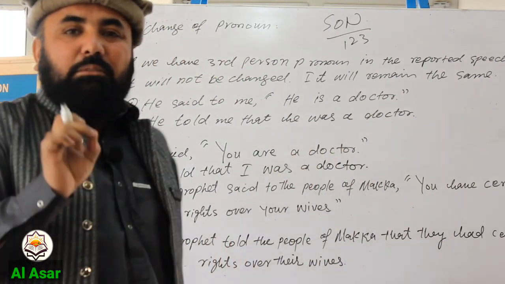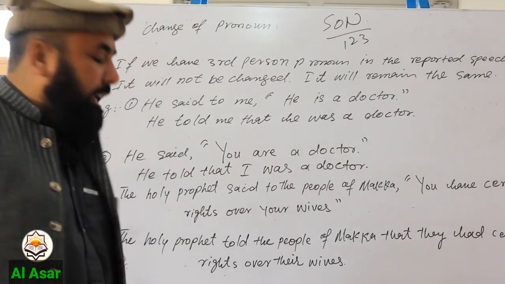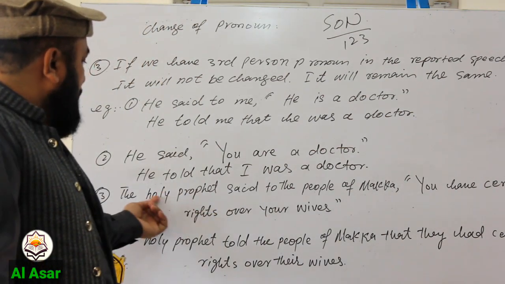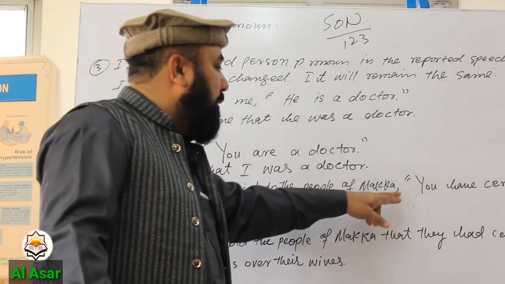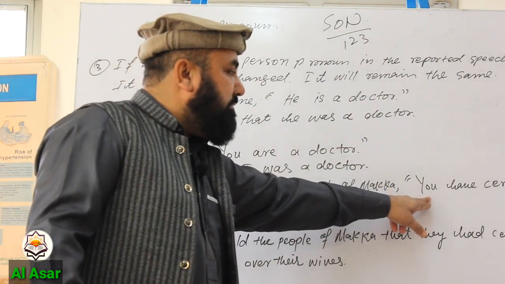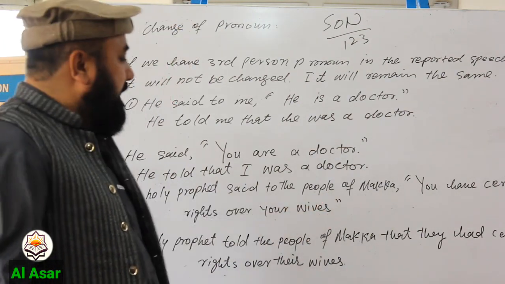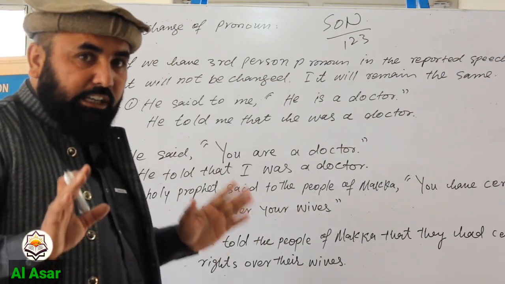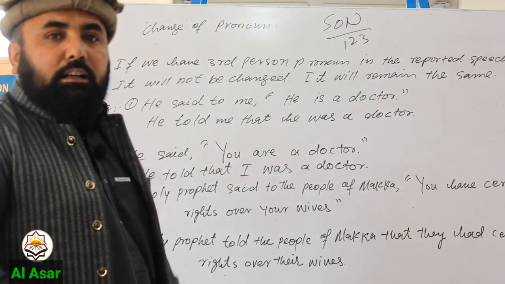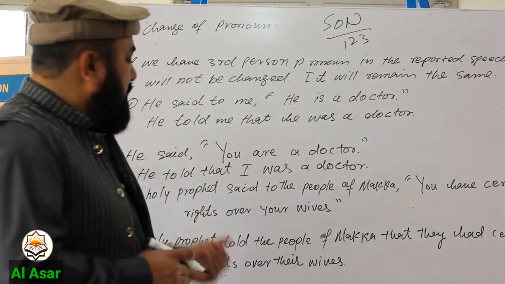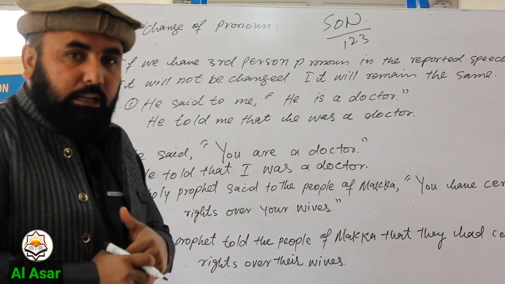But sometimes the context is known, like in this sentence. The Holy Prophet said to the people of Makkah, comma, then you have certain rights over your wives, full stop. Here the context is absolutely known. The people of Makkah, they are the people to whom the Holy Prophet delivered his last sermon.